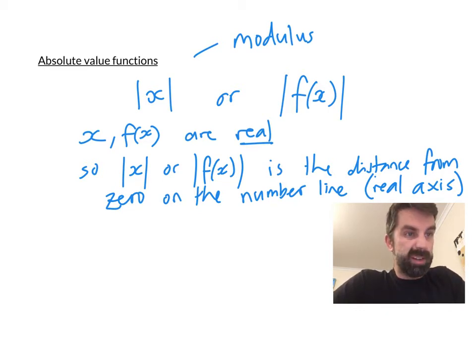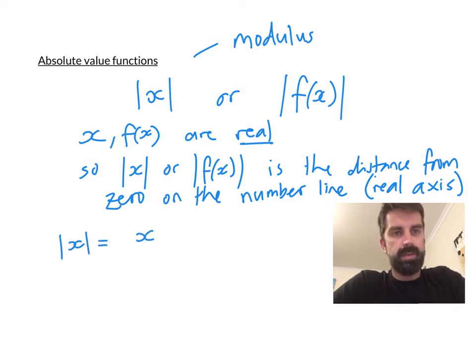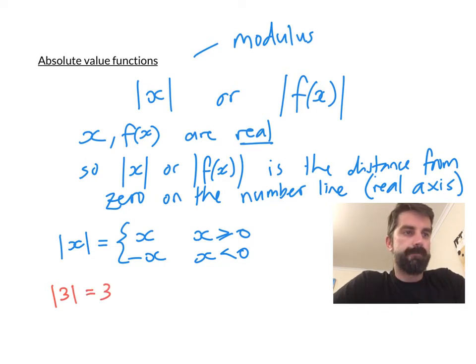What this means in practice is that the modulus of x is just going to be equal to x if x is a positive number or 0. And if x is less than 0, it's going to be equal to the negative of x, which will get us to the positive, if that makes sense. For example, if we have the modulus of 3, well, that's just 3. But the modulus of negative 3 is also 3.